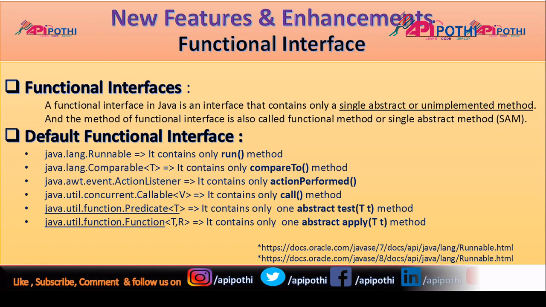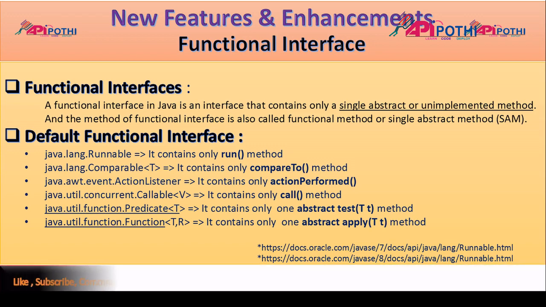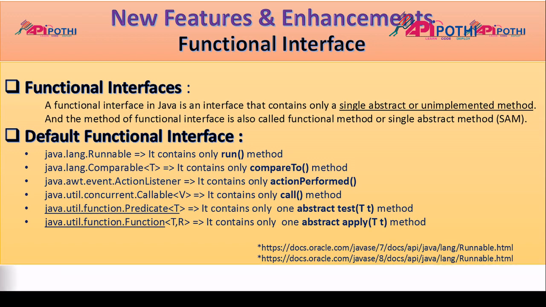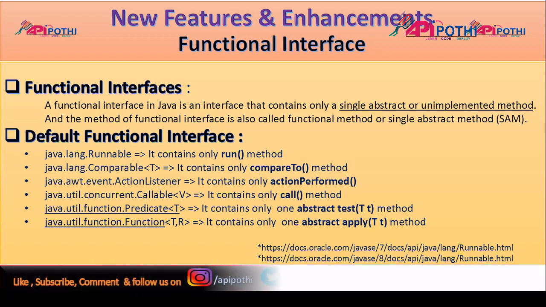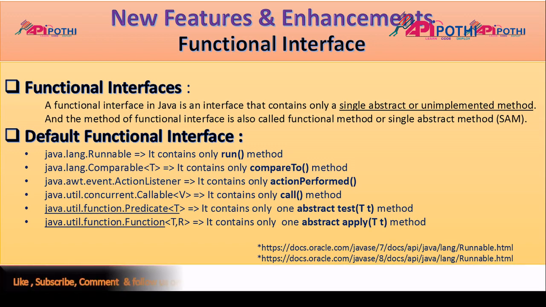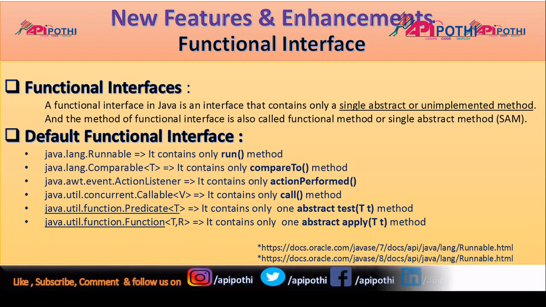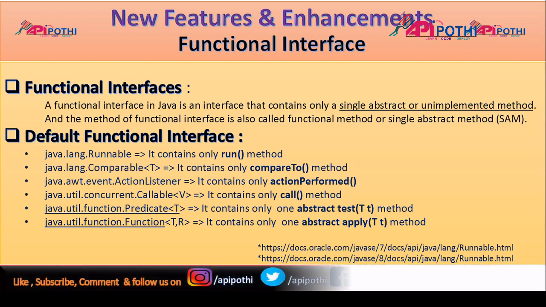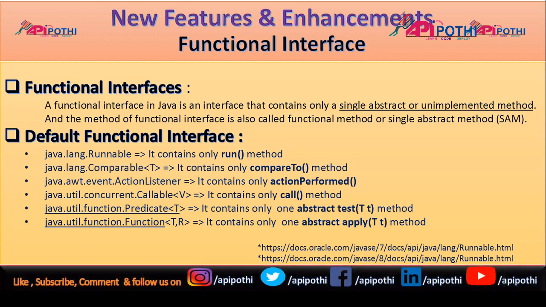The reason is the functional interface is only talking about the abstract or unimplemented method. It doesn't talk about the implementation. From Java 8 onwards, we can have implemented methods inside the interface also, which are nothing but our static and default methods.